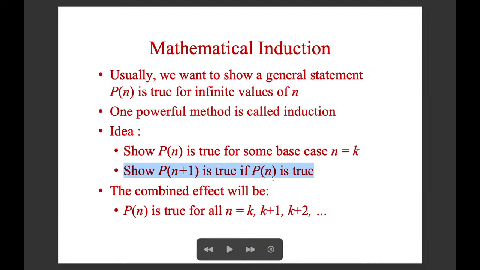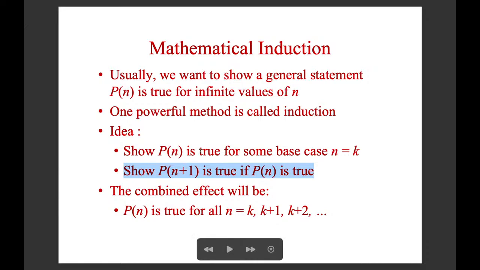So we can safely assume that P of n is true, use this as information, and then show that P of n plus 1 is true. The good thing is that with this assumption we usually have extra information that allows us to show P of n plus 1 more easily.